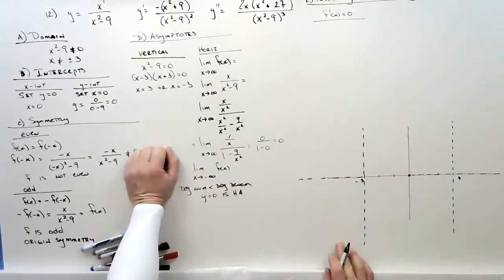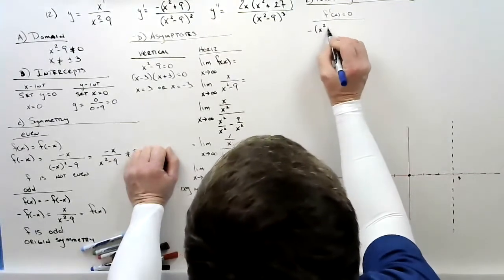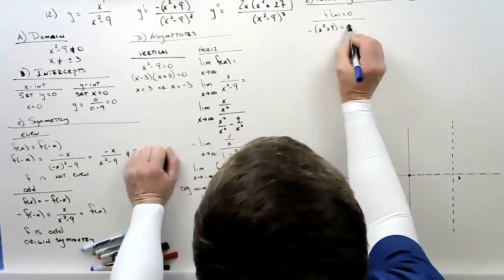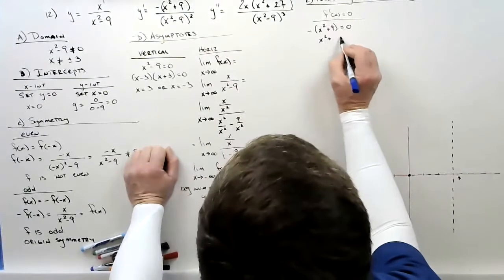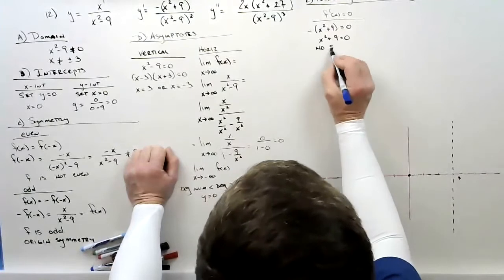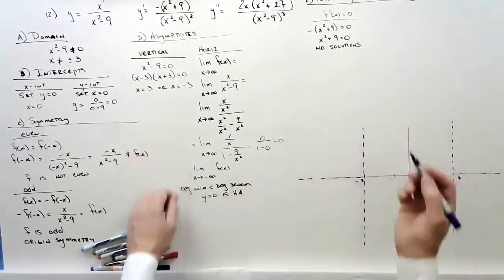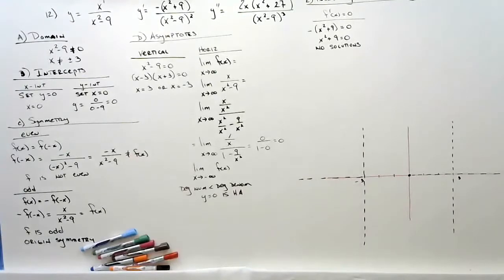Now we know that derivative is going to equal 0 when the numerator is equal to 0. So we take the numerator, and that has no solutions. You can't square a number, because that's going to be positive, add 9 and still get 0.